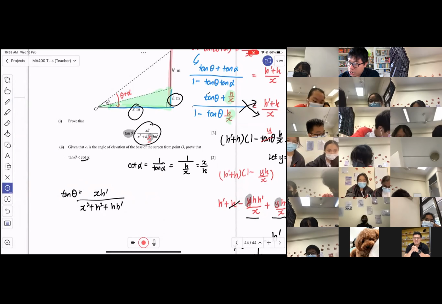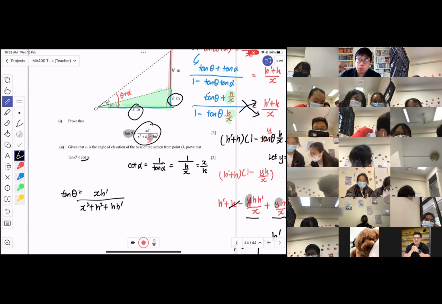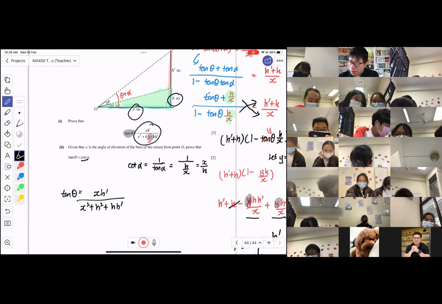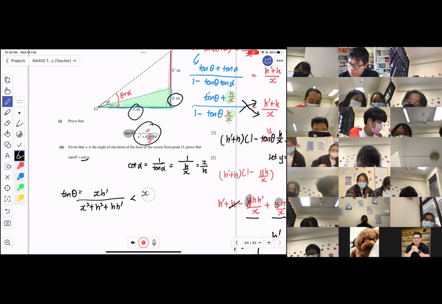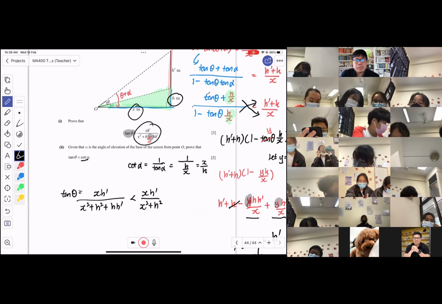So I know that h and h prime are positive. Because if I have a smaller denominator, I'm actually bigger in value. So this is lesser than this, for sure.